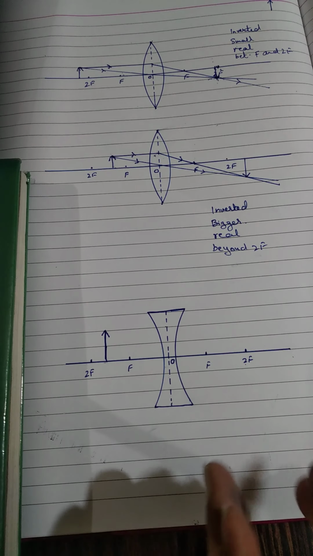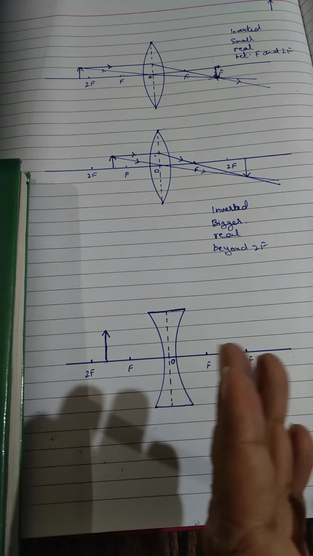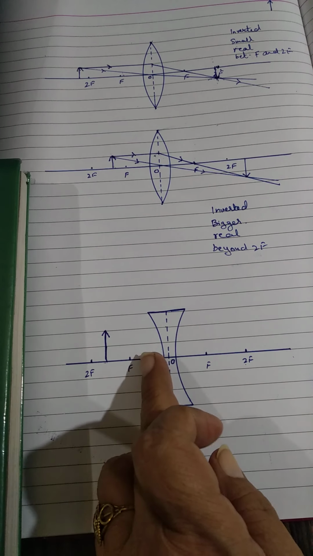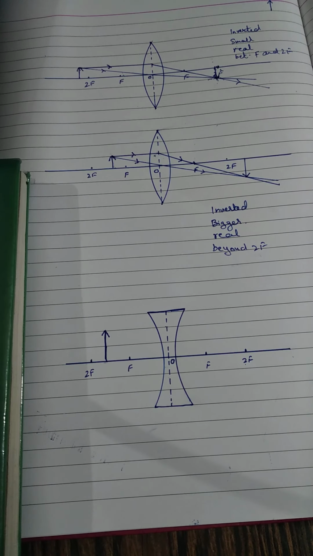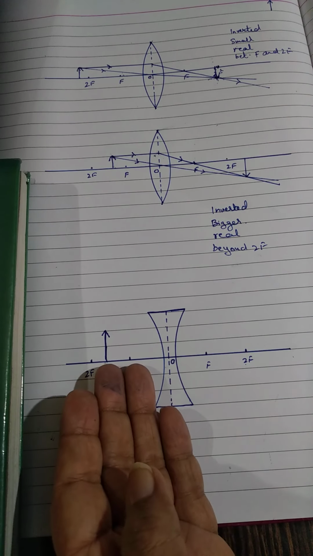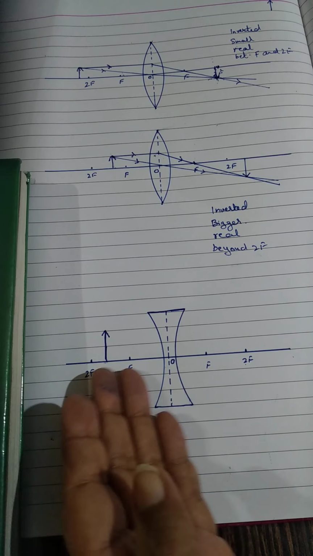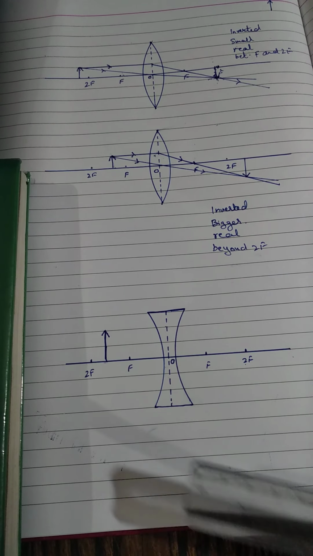We can keep the object anywhere. In the book, we are given two positions, a little far away from the lens and a little closer to the lens. So I have taken a position somewhere in front of the lens, not very far, neither too close, so that the diagram is clear to you.